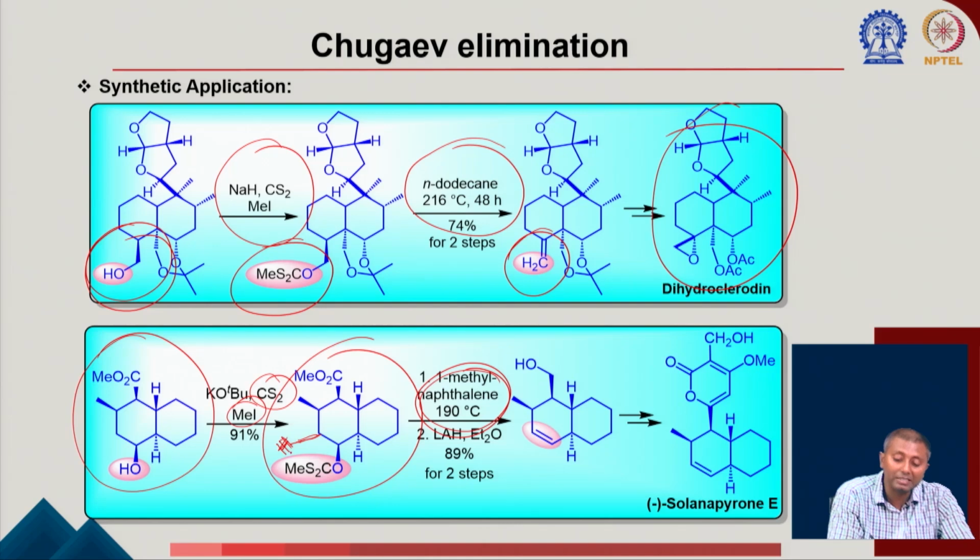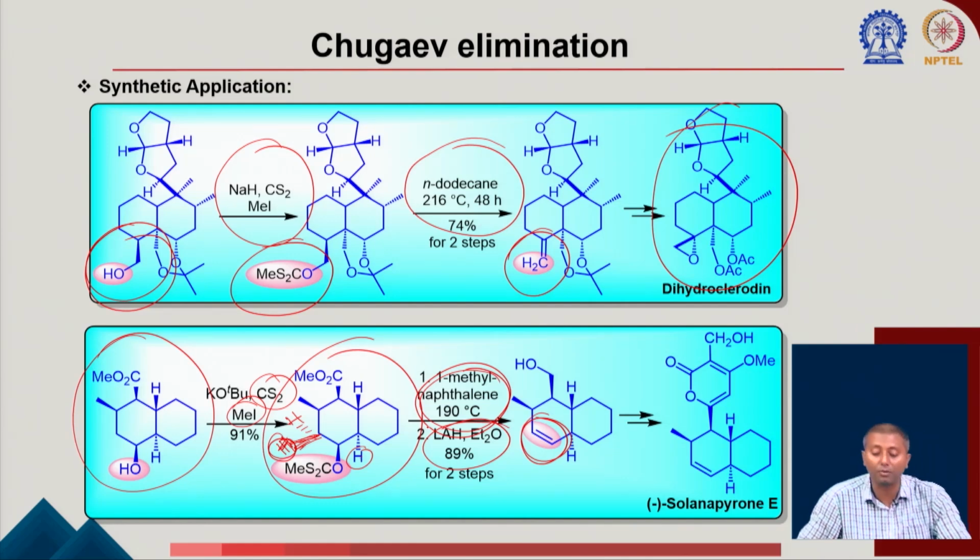Also, as you see, this is a syn elimination, so this proton is actually not on the same side. It is on the opposite side, so it is going to take the proton which is on the same side. You can think there will be two protons, one like this, one like this. It is going to take this proton which is on the same side and form the corresponding olefin here. And now if you use lithium aluminum hydride, if you remember, it can convert the corresponding ester to the corresponding alcohol, and after that you are able to get to the corresponding natural product.